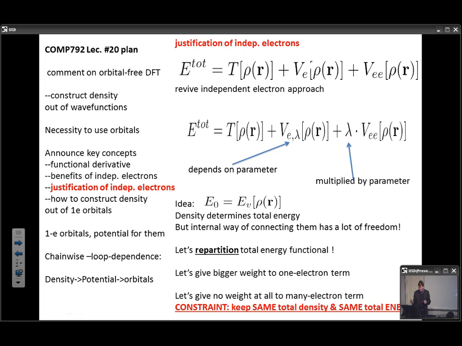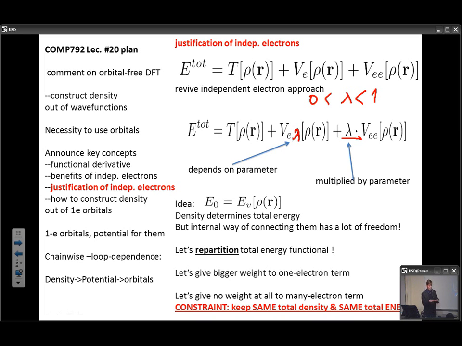And what these gentlemen suggested is, okay, let's assume that our electron-electron interaction term is multiplied by a parameter that is smaller than 1 and bigger than 0. And the one electron term does depend on this parameter.